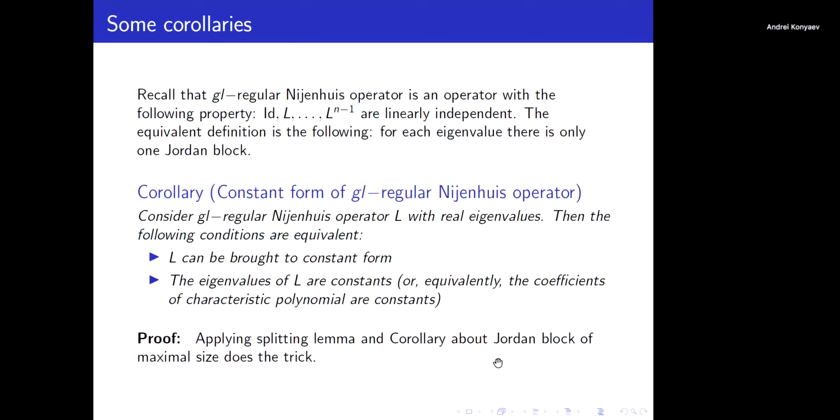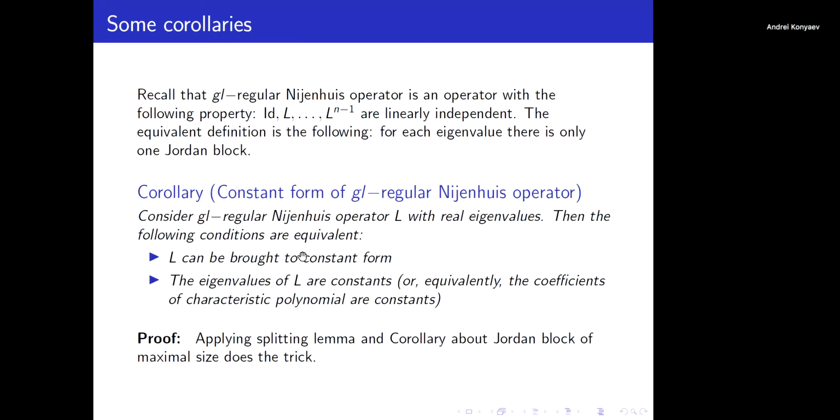Finally, let us recall the GL regular operators, the operators we will deal with later, but they're very important. It means that their powers are linearly independent. It's one of the definitions, and the other definition which we need here is that for each eigenvalue there is only one Jordan block, right? You have an eigenvalue and a single Jordan block for this eigenvalue.